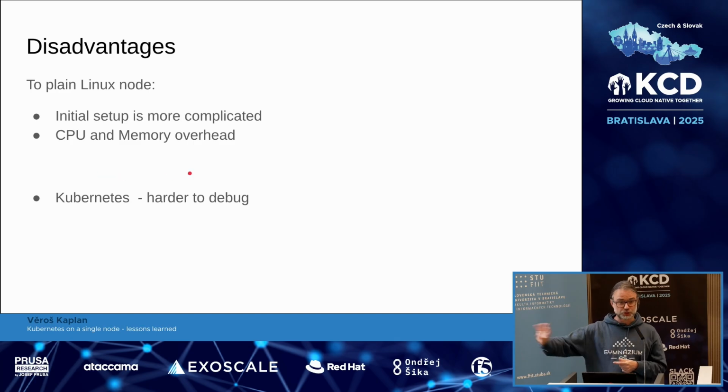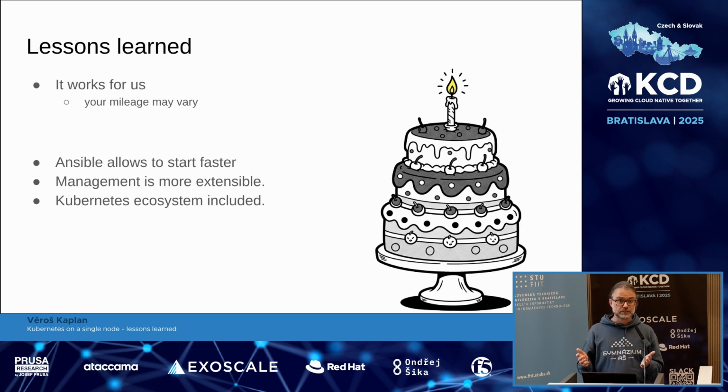So it's the computer's problem, no problem. And Kubernetes, well, it can sometimes be hard to debug, because when you need to debug an application in Kubernetes, it can be slightly more complicated. But, well, lessons learned. It works for us, but Ansible allows us to start faster, the management is more extensible, and we have Kubernetes, which is great.